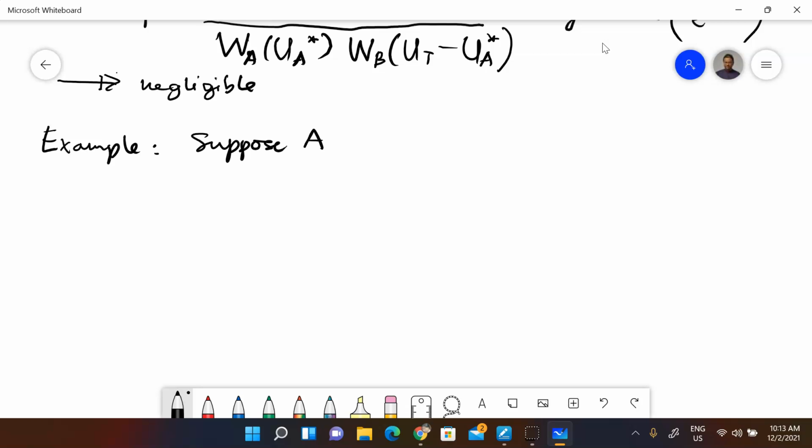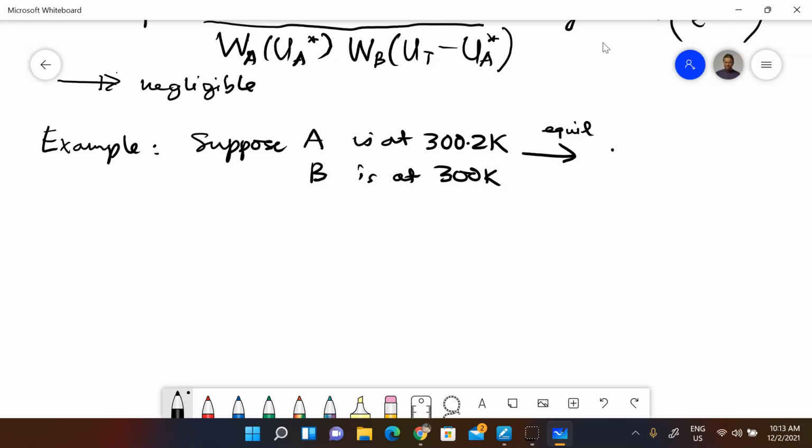Suppose A is at 300.2 Kelvin and B is at 300 Kelvin, and it goes to equilibrium, will reach the same temperature, which should be about 300.1.